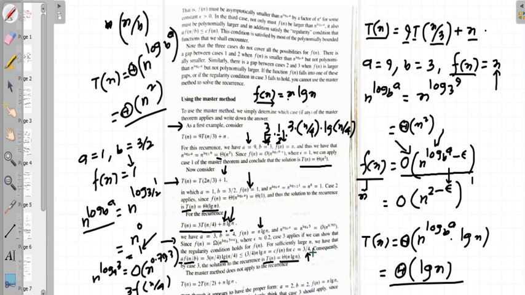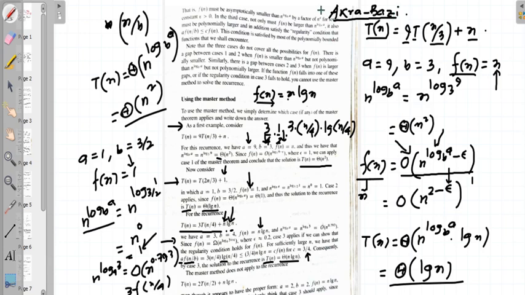And another thing is that if the master method is not applicable, at that time we can improve the master method by another method called the Akra-Bazzi method. That is there in the CLRS book exercise, but you don't have to do that.